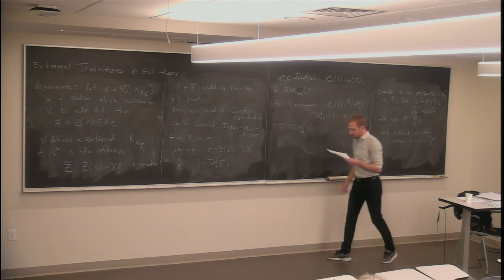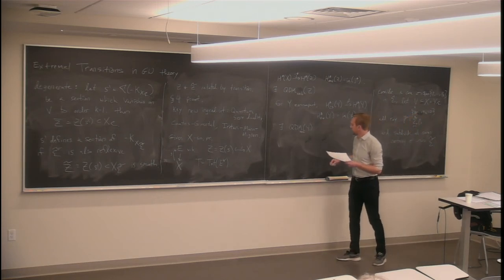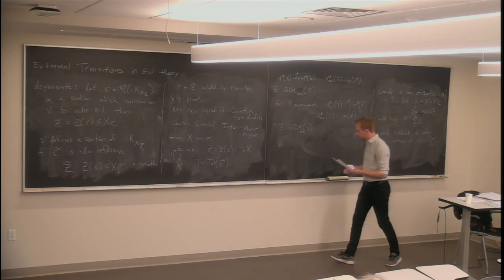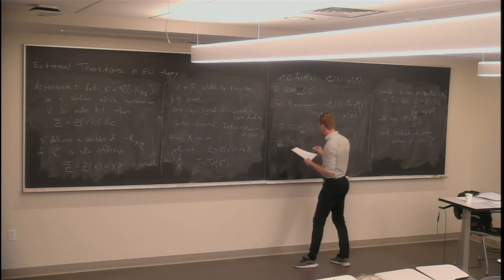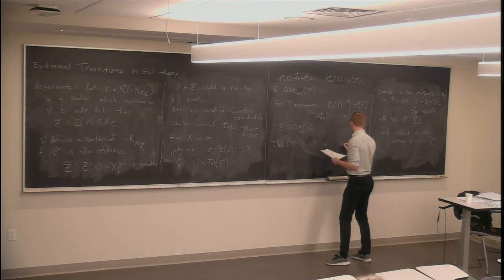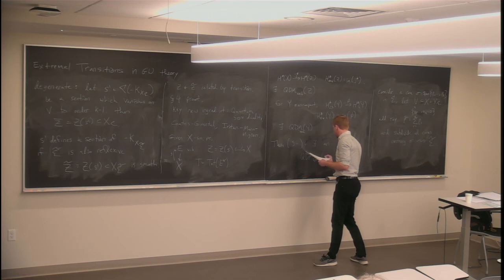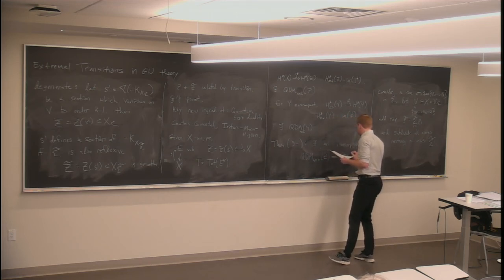And again, the quantum D module behaves well with respect to this subspace of the cohomology of Y, and I can define the narrow quantum D module. And so the theorem says that there's an isomorphism, after some change of variables, between the ambient quantum D module of Z and the narrow quantum D module.